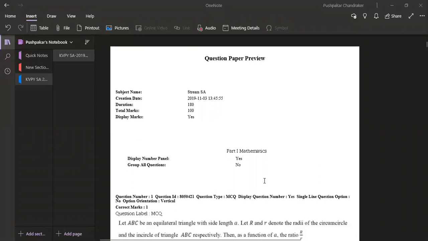So before this I'll just give an overview of the question paper. The question paper was moderate, means it was not extremely difficult, neither so easy. If one has studied well, one can easily solve at least 50% of the math questions.